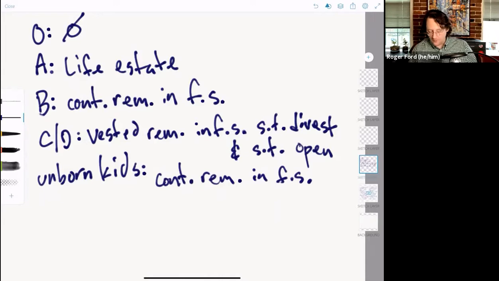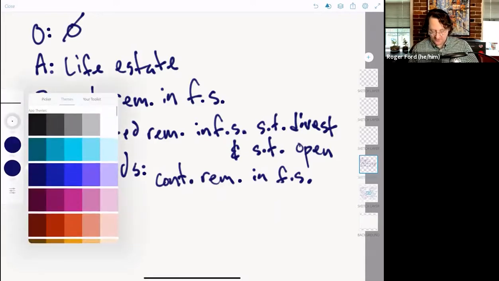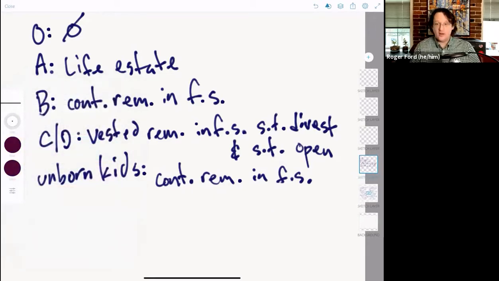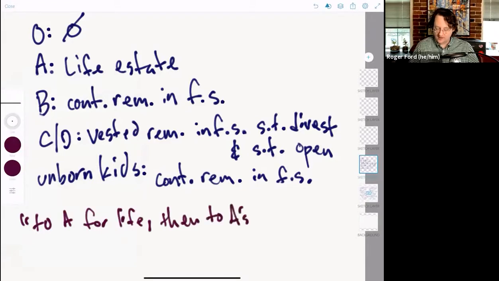This is something where the text of the conveyance has an effect. So let's put that text up. To A for life, then to A's kids and their heirs.